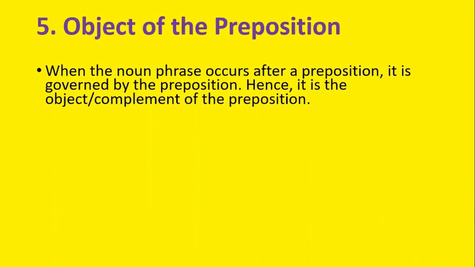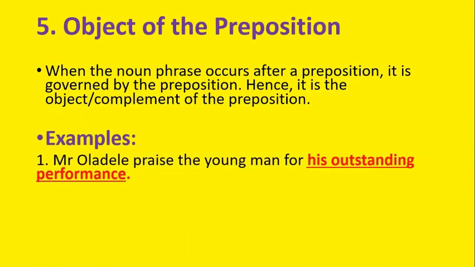Then we have the fifth one, which is object of the preposition or complement of the preposition. When the noun phrase occurs after a preposition, it is governed by the preposition, controlled by the preposition. Hence, it is the object of that preposition or the complement of that preposition.